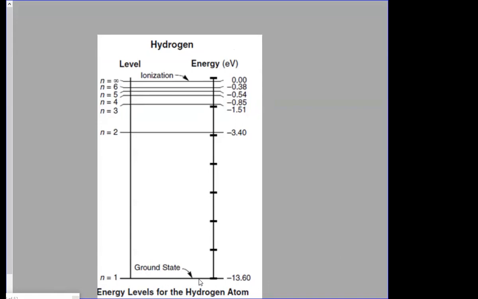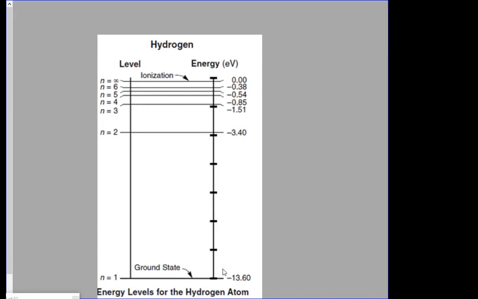If this is the first energy level where an electron can exist, we call it the ground state. The second energy level would be here, the third, the fourth, the fifth. These are the spacings of the energy levels in this theoretical atom. It is that spacing that is unique for each element.